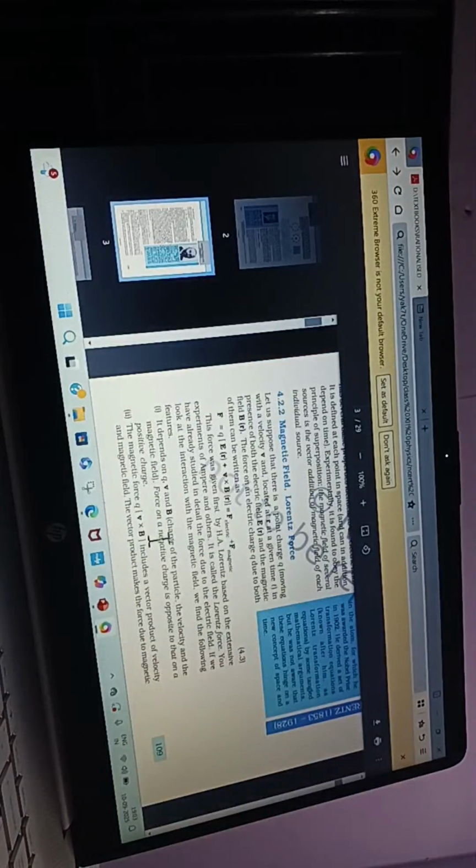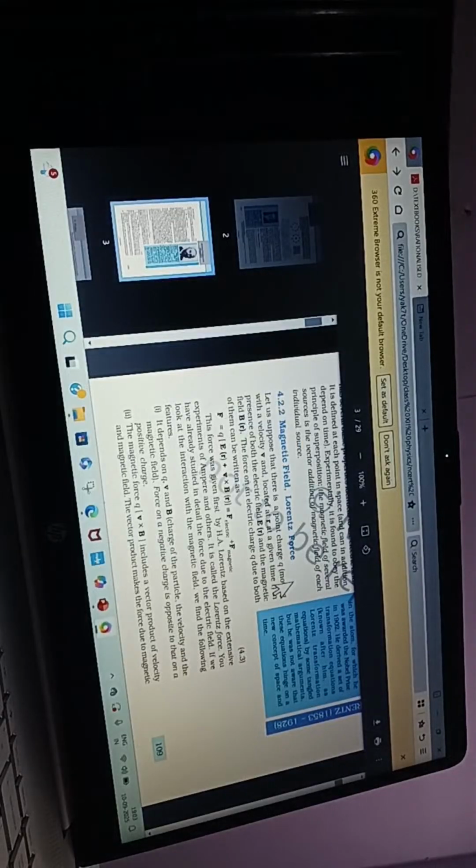It is the proof of your Coulomb's law. Right? Coulomb's law is F equals q1 q2 by 4 pi epsilon naught r square. And here is the electric and magnetic Lorentz force. So here both the fields are there. qE is a vector quantity, v cross B. Both are added as I explained to you. Right?